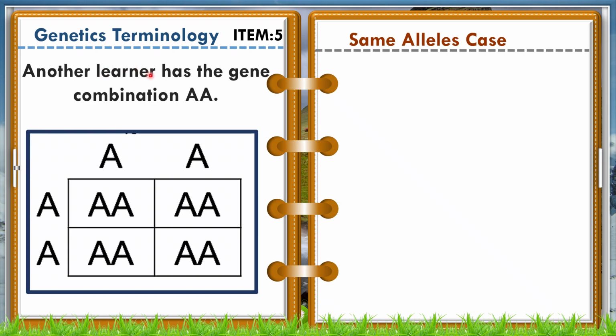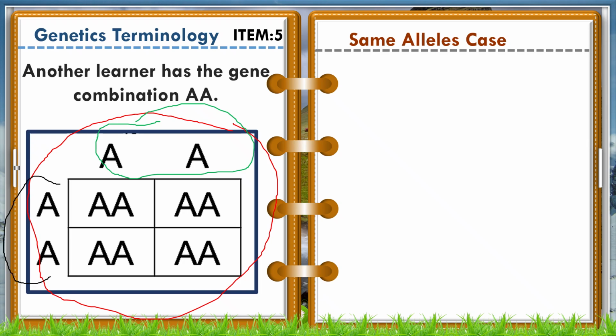Another learner has the gene combination capital A, capital A. And here in our Punnett square, we have one parent with capital A, and another parent also with gene combination capital A, capital A.